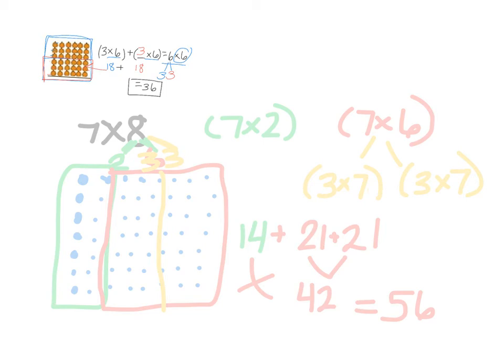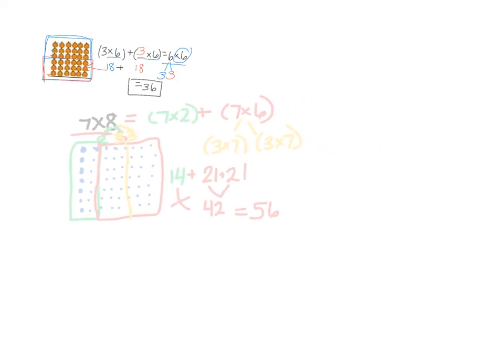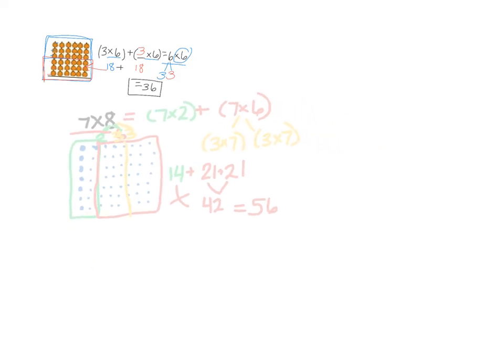So I can use the distributive property to split one big array, like 7 times 8, into 2 smaller arrays, like 7 times 2 and 7 times 6. Or, like we did there, we could even split it up into 3 different arrays. So we know that 7 times 8 is the same thing as 3 parts.